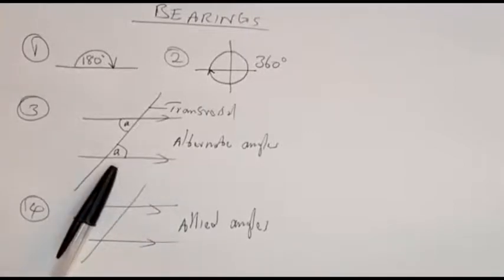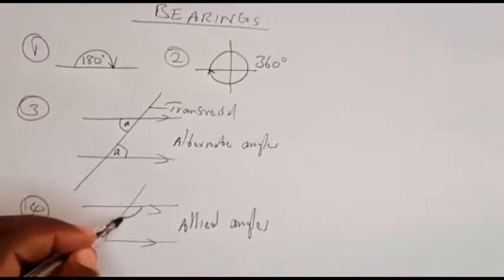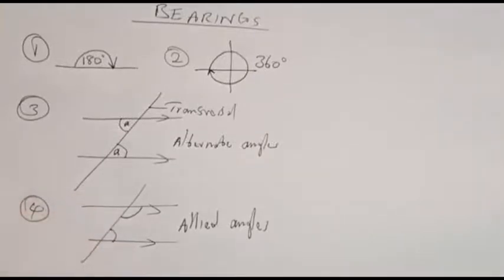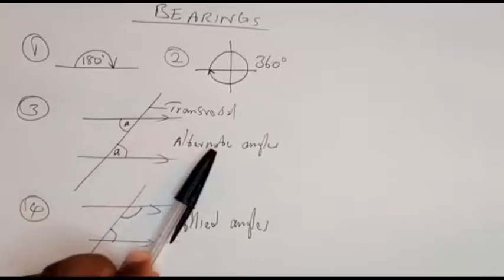For this example, if they are found on this side of the transversal, it means it's this angle and that angle. They are found between the two lines and on the same side of the transversal.